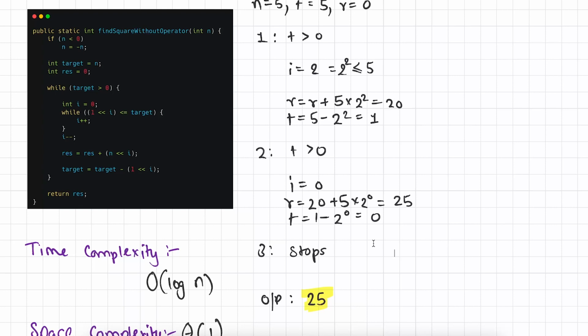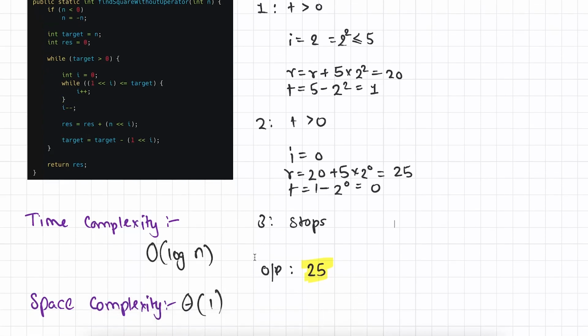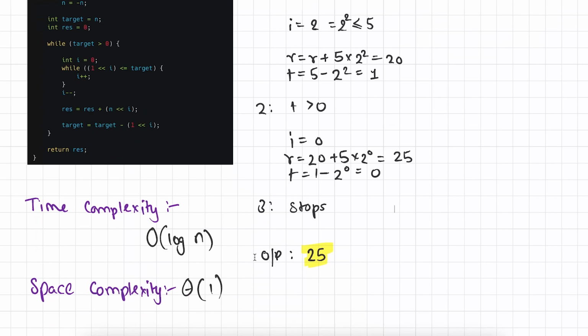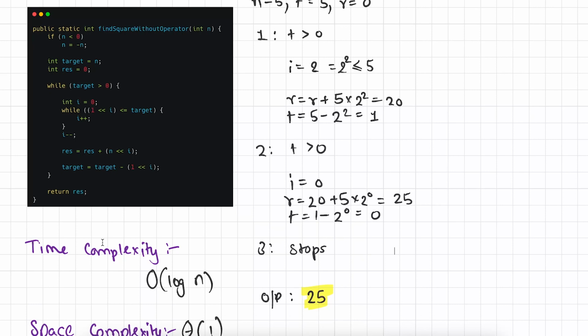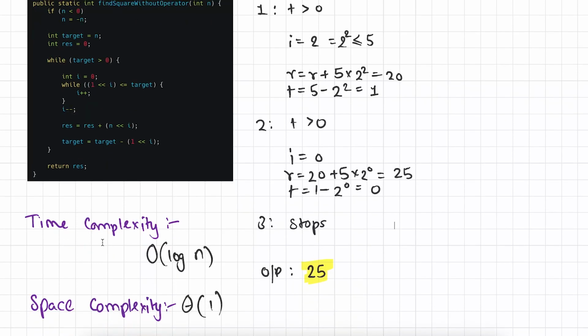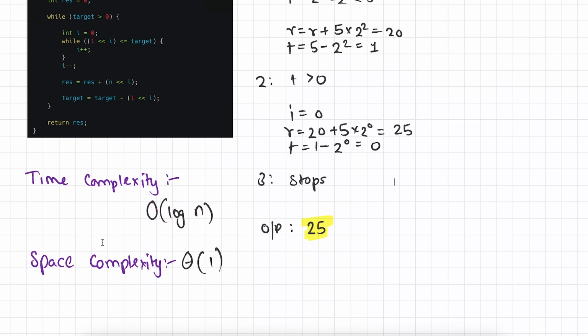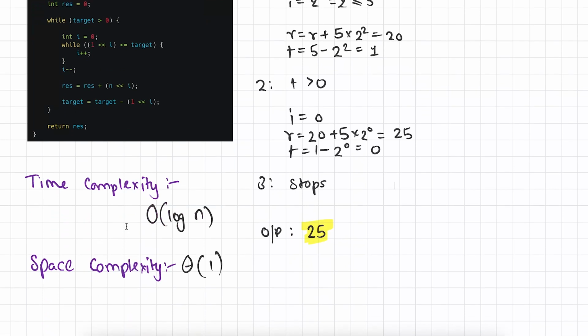So the time complexity of this function comes out to be big O of log n. And what about space complexity? As we are not using any extra or auxiliary space here, the space complexity of this function comes out to be theta of 1. That is constant space. It means we are taking big O of log n time to solve this problem and constant space to solve this problem.